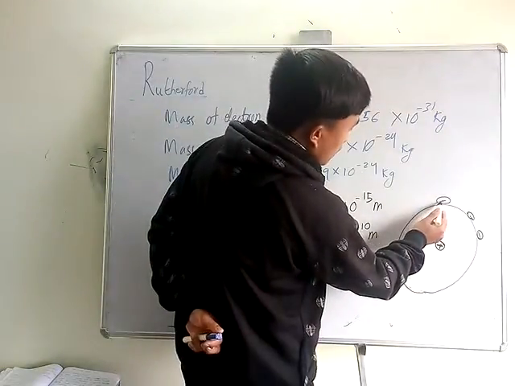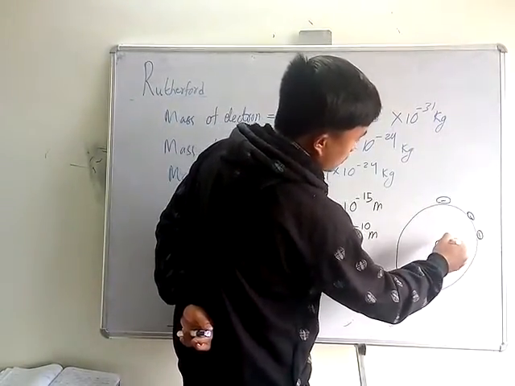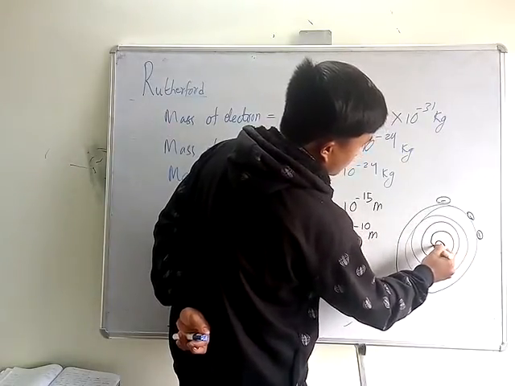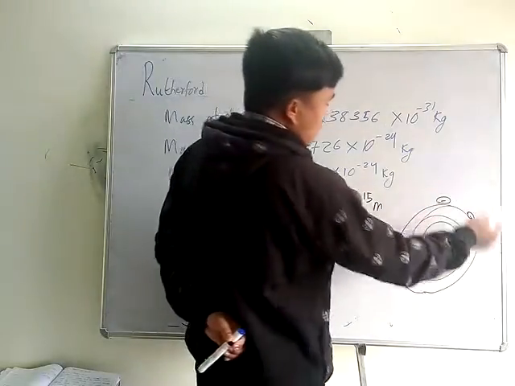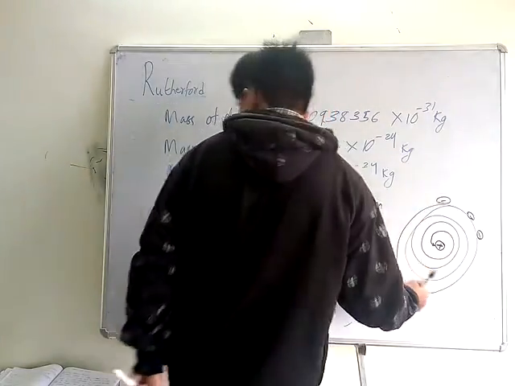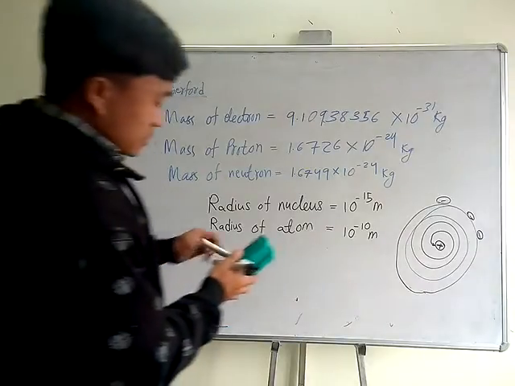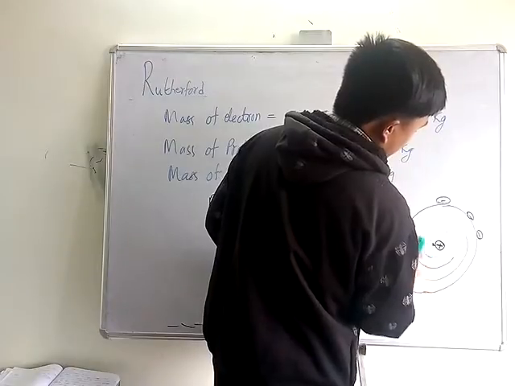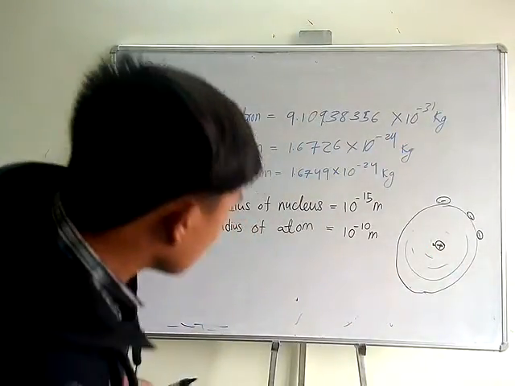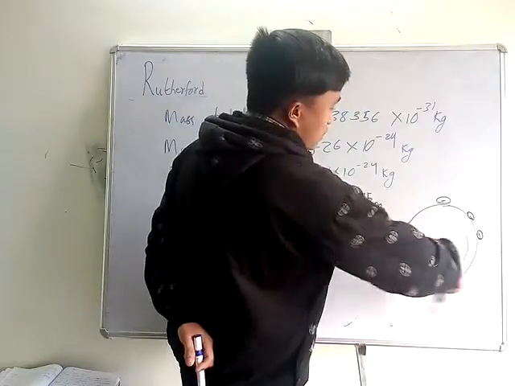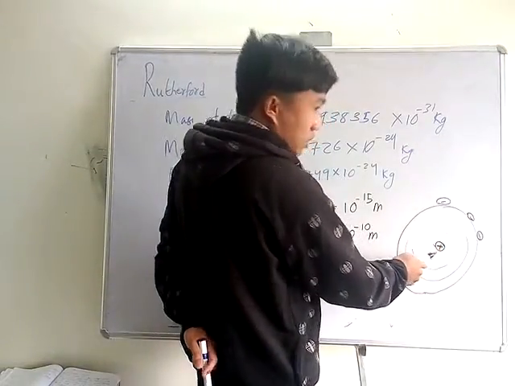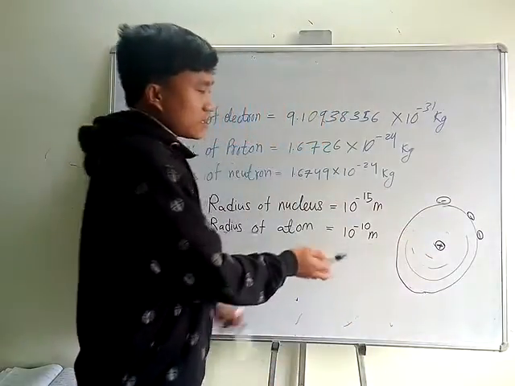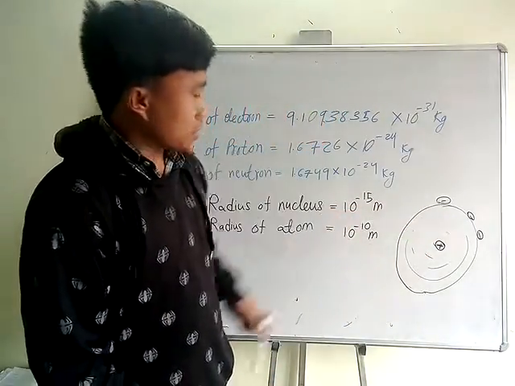The electrons are revolving like this, and they will not fall into the center. He explained that the attraction force between these two charges keeps their orbit stable.